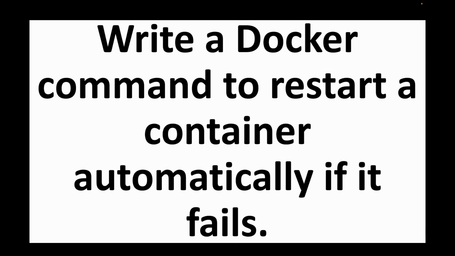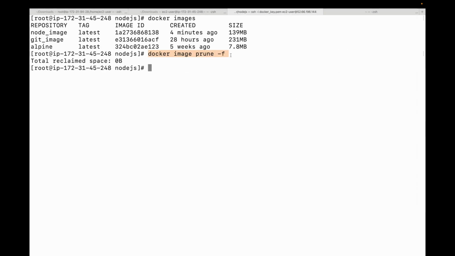The next question we have is write a Docker command to restart a container automatically if it fails. So for this, we can use this command, the argument --restart, and then I want to restart this on failure, and then how many times do you want to restart it? Okay, so this is what we can use to tell Docker that, hey, I want to restart the container automatically if there is a failure.